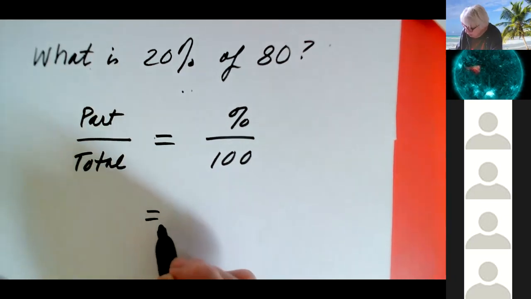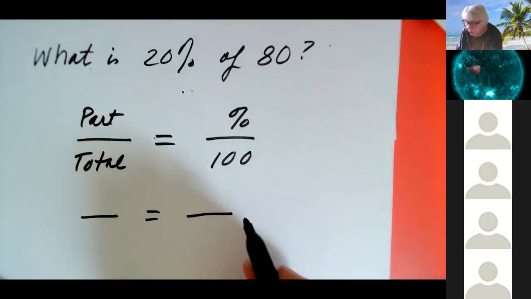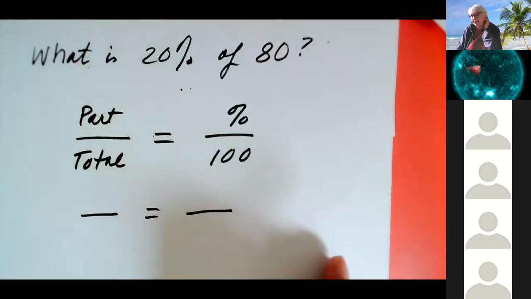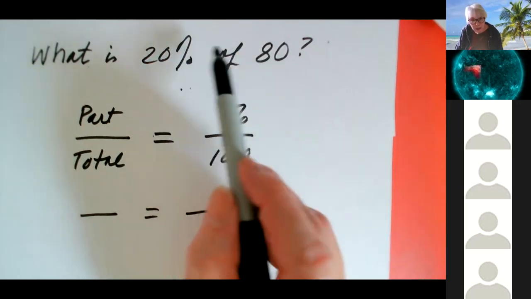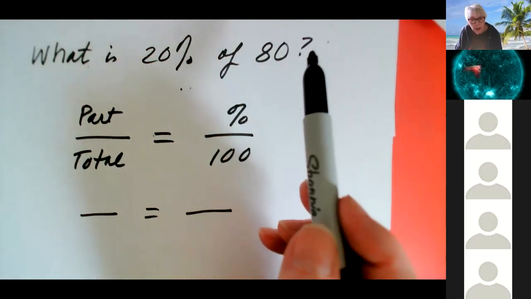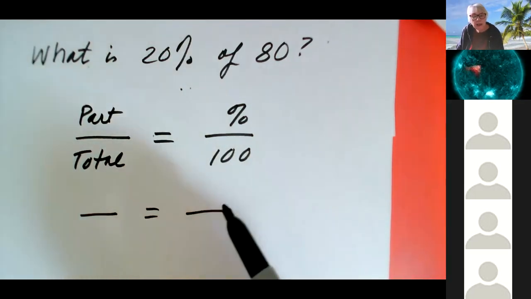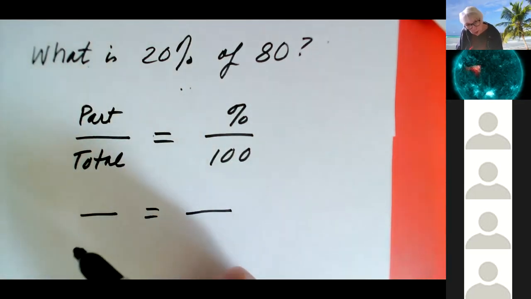And someone told me to multiply 20 by 80 and then divide by 100. In some ways, it might be easier just to multiply these two because that's what you're supposed to do. But this can be done with the proportion way.